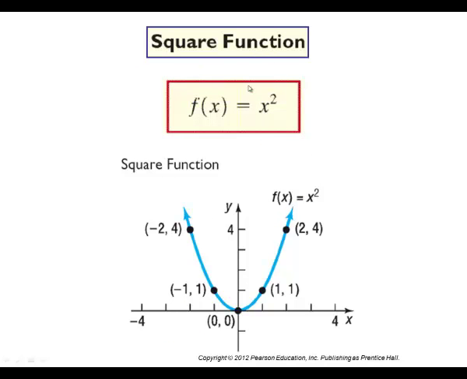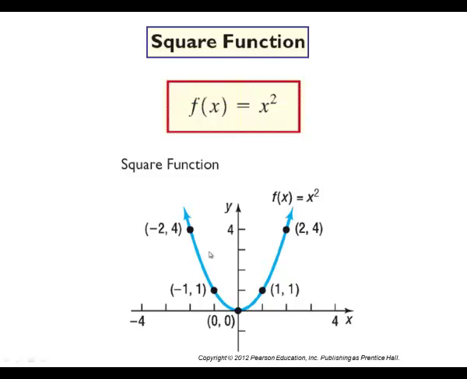Now here we have a quadratic function, and these are known as parent graphs, where we have f of x equal to x squared. So if we were to put 1 in here for x, you'd put 1 squared, you get y is 1. And here if x is negative 1, well, negative 1 squared, negative 1 times negative 1, is positive 1.